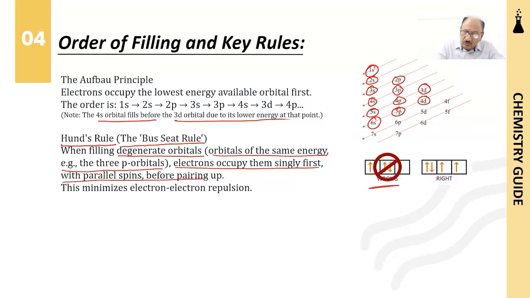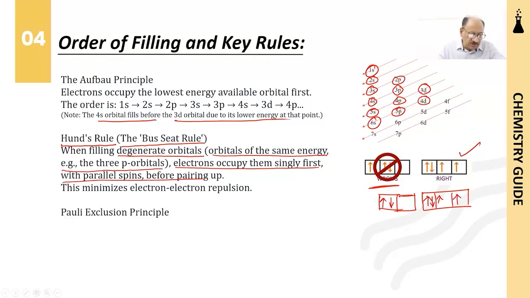Like, this is wrong: two electrons cannot fill a box like up and down when there is some blank available. This will be the right distribution for the fourth electron. If there are three orbitals, the first electron goes here, the second here, the third here, and the fourth one will come to this one. So this is basically known as the bus seat rule.